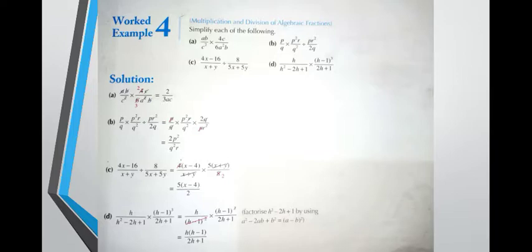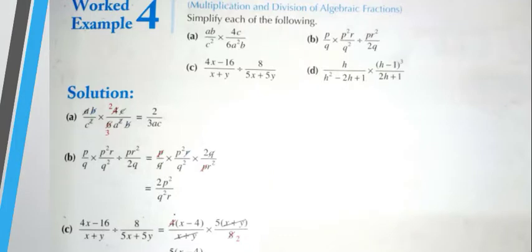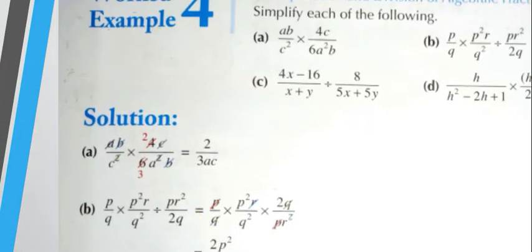Okay, look at the question. Simplify each of the following. AB over C squared times 4C over 6A squared B. Now look at what we can do here. A and A, we can cross them and cancel.